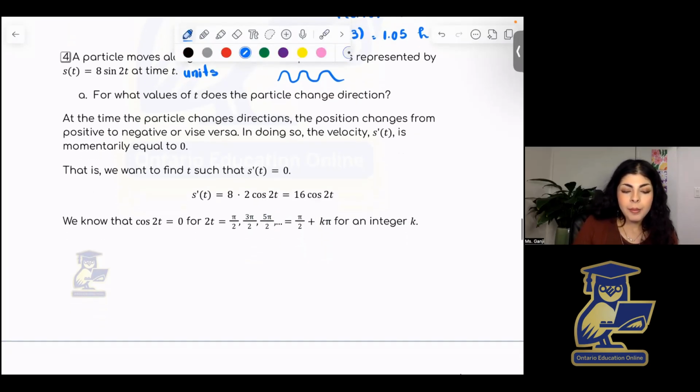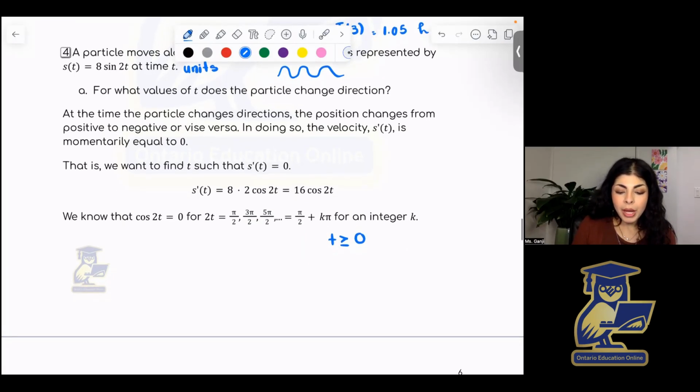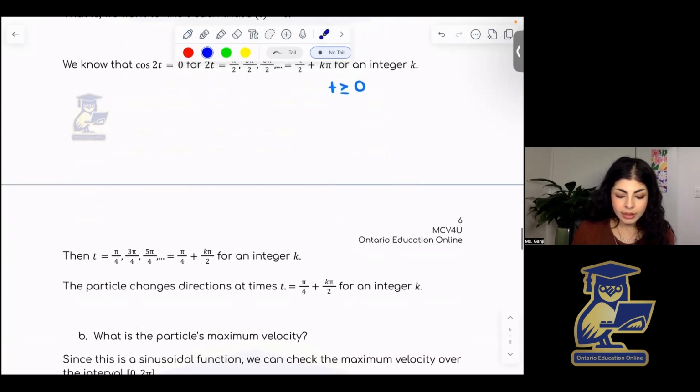And although we're not given a unit for t, we still do want to acknowledge that t is greater than or equal to 0 because we cannot have negative time. But we were told that this is cosine of 2t. So really, it was 2t that is equal to all of these. And so we want to know what value of t we have. And so that's what I've done here.